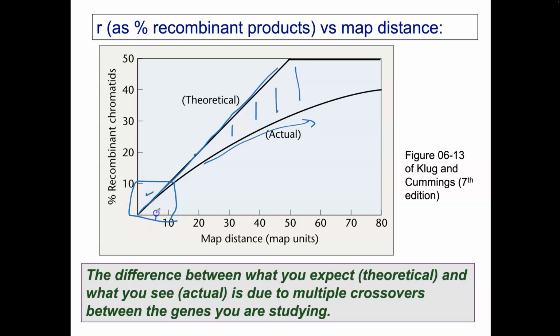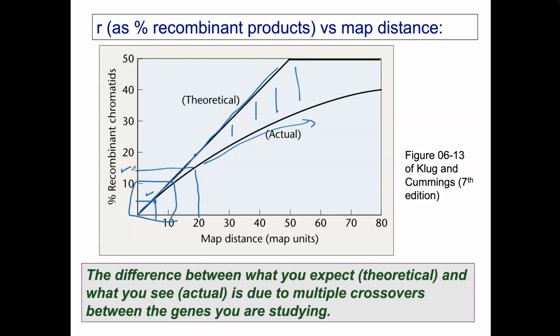When we actually detect something that's, say, 6 or 7 map units apart, we know that that's really close to the truth. Whereas if we're looking at something that's only 20 map units apart, we'll calculate it incorrectly.